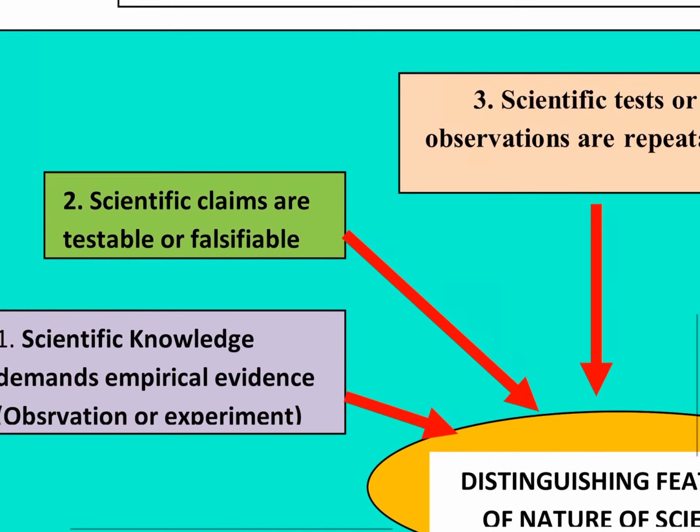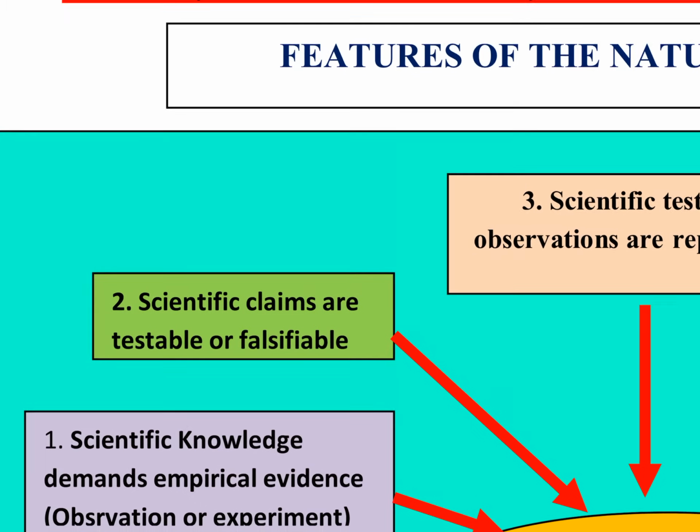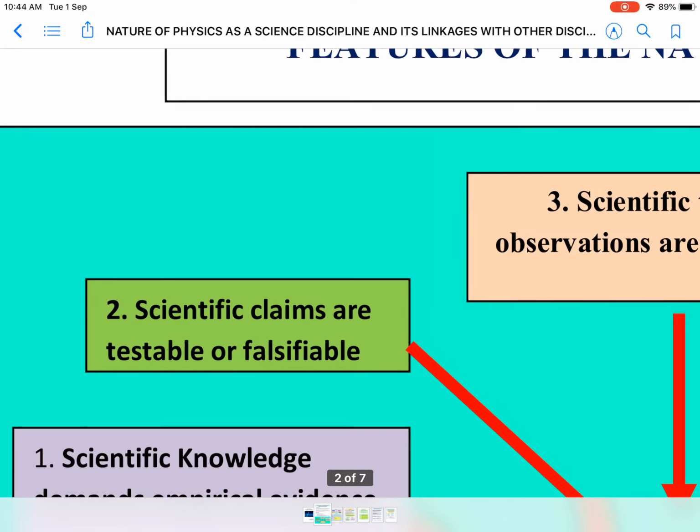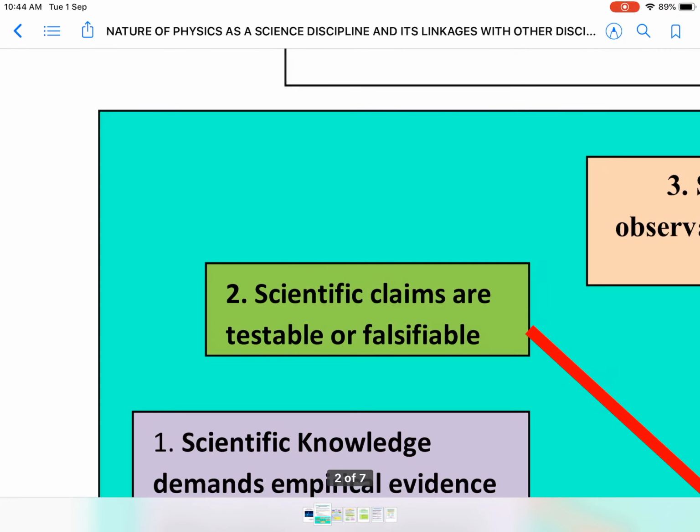And the second feature of the nature of science is that scientific claims are testable or falsifiable. Here I would like to cite that Karl Popper, in 1968, suggested that only ideas that are potentially falsifiable are scientific ideas.